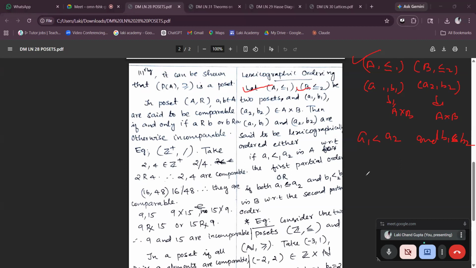For example, suppose you are taking two sets, integers with this sign and natural numbers with this, right? You took the first pair from 3, 1 and minus 2, 2, which belongs to what? Z cross N, because the first is an integer, right? Now it can be negative. And the second is always a natural number, right?